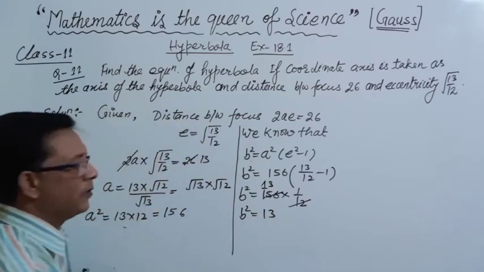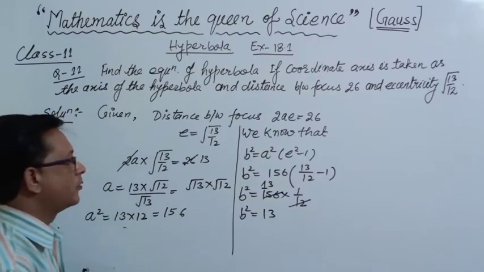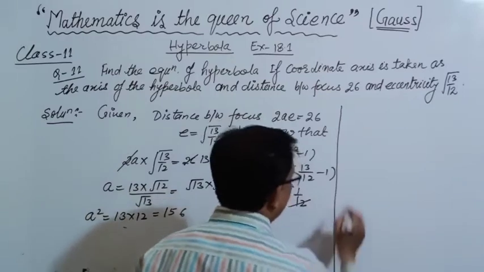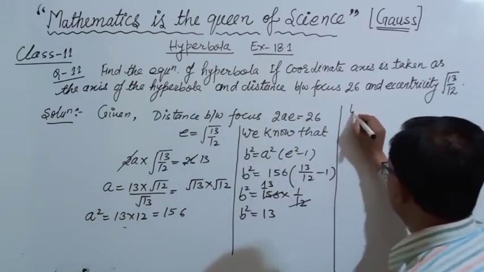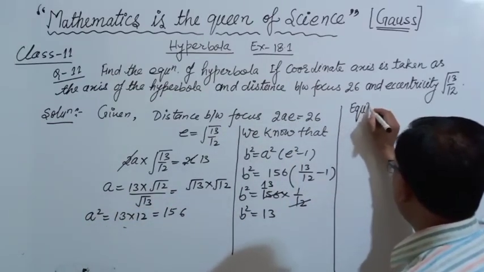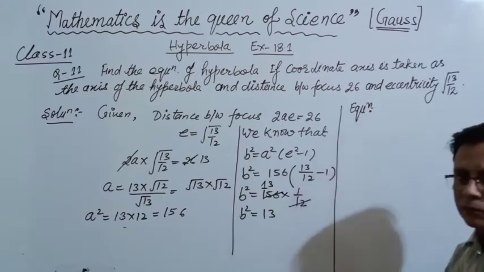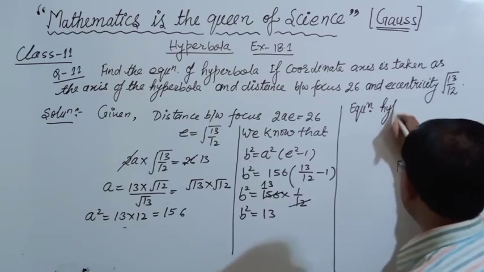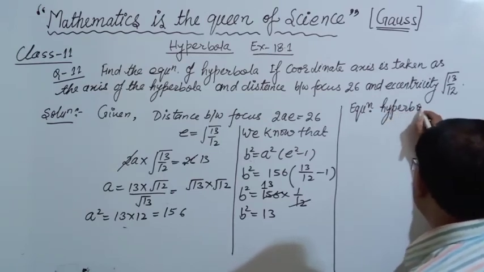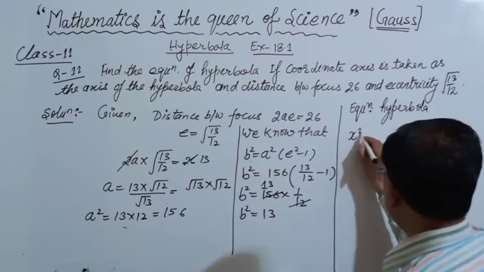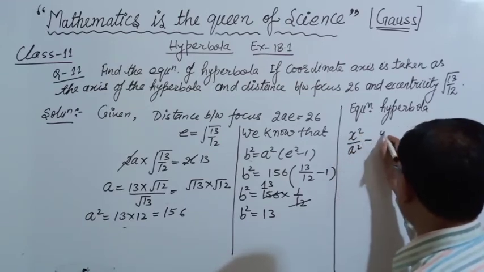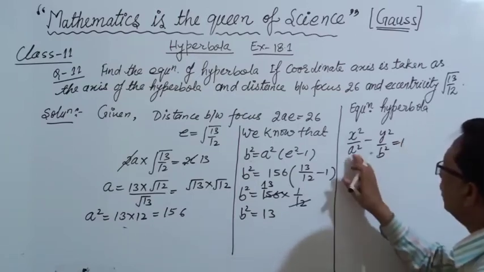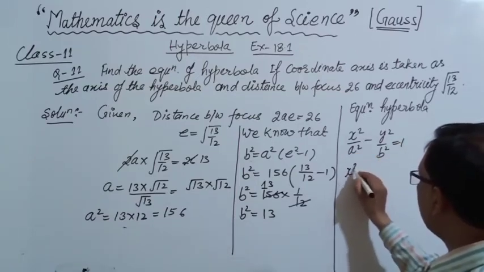Now we write the equation. First we write the standard equation of the hyperbola. The equation of hyperbola is x square upon a square minus y square upon b square is equal to 1. So here we substitute the value of a square and b square.